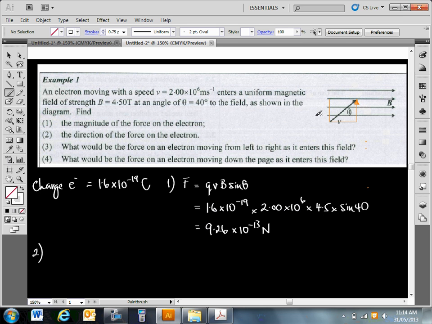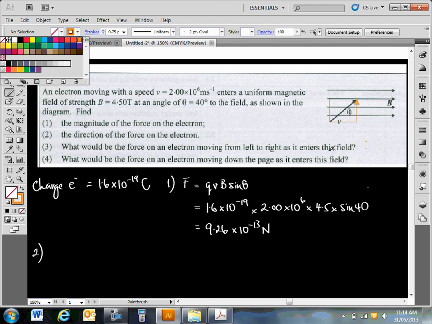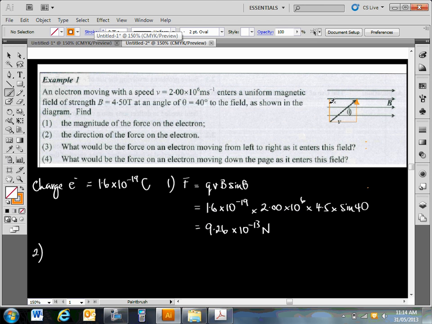Okay, so I drew some vectors in here before, and I know that this vector here is the one that I'm interested in, the one that is perpendicular to the magnetic field. That's the component of this velocity that experiences the force.